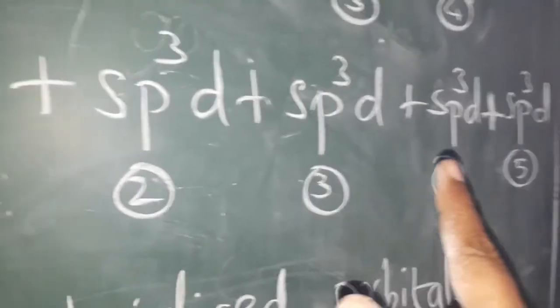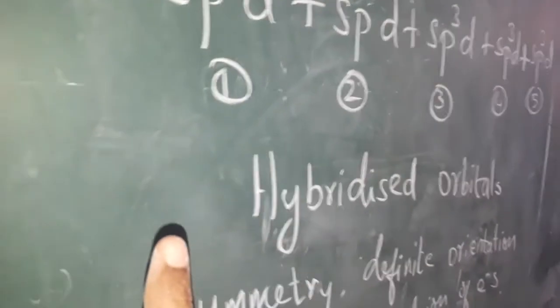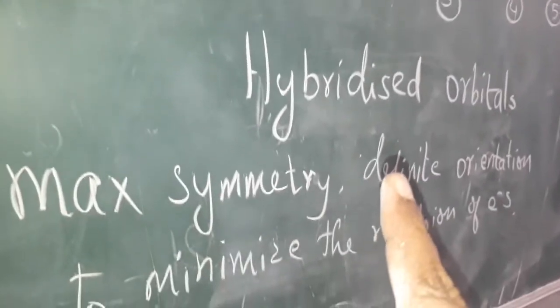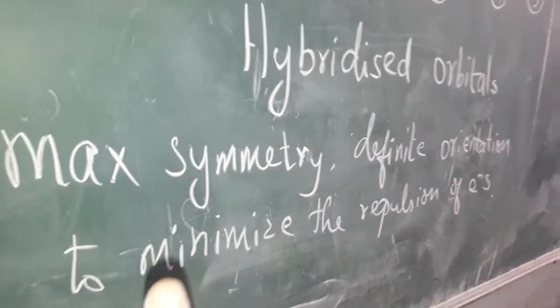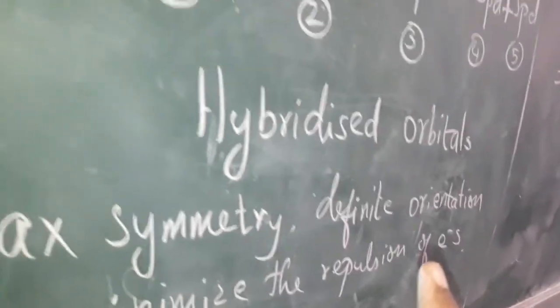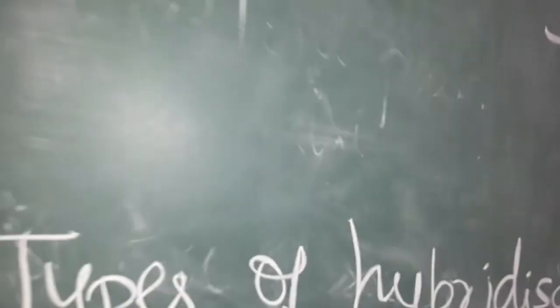These hybridized orbitals have maximum symmetry and definite orientation. Why? To minimize the repulsion of electrons, so that we get different orientations. From this hybridization we can conclude the geometry of the molecules.